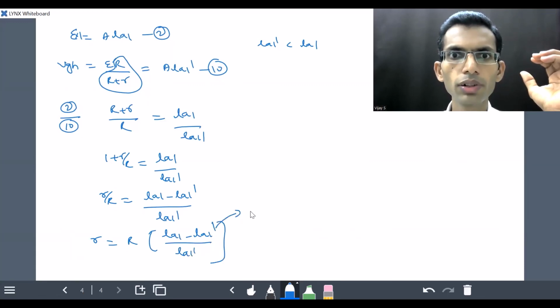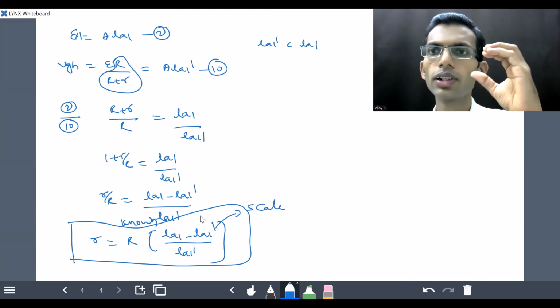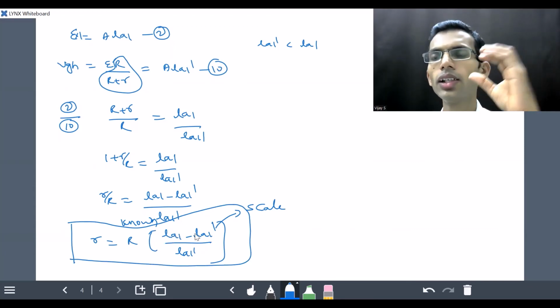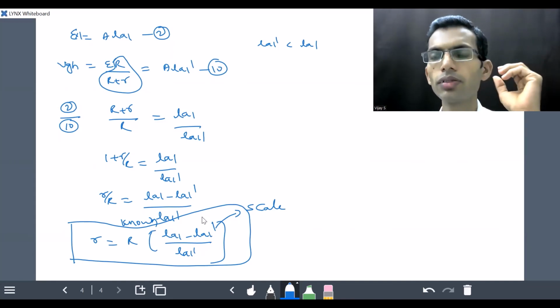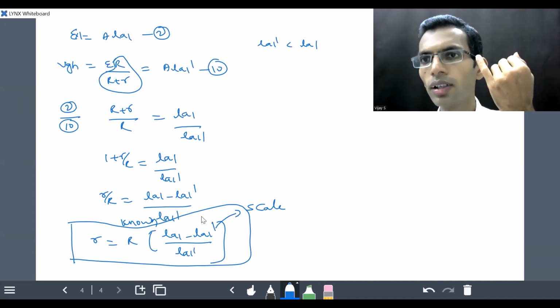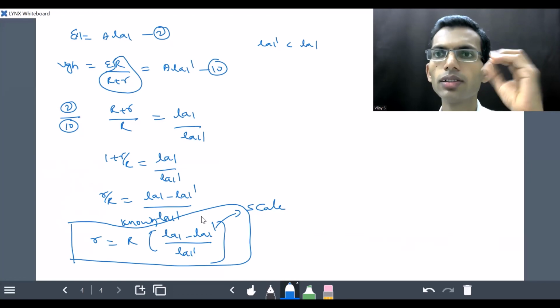So these are measured from the scale, LA1 and LA1'. R is known, so by substituting we can obtain the value of the internal resistance of the cell. In case 1 and case 2 we are only measuring LA1 and LA1' and obtaining the internal resistance of the cell.